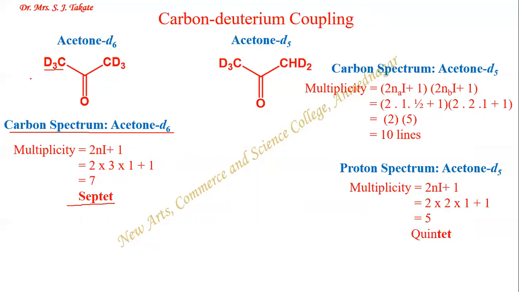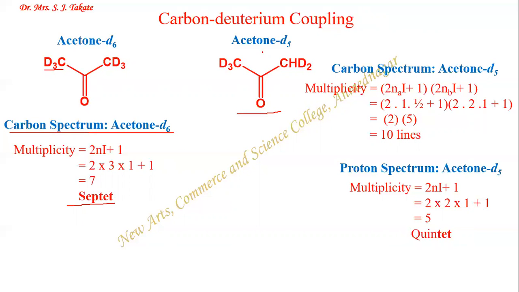So see, deuterated acetone shows a septet, but when acetone is deuterated, some impurity of acetone D5 always remains with this acetone, or sometimes it remains with deuterated acetone.